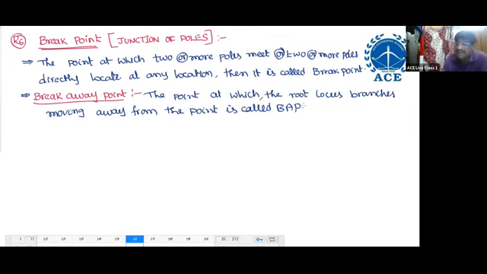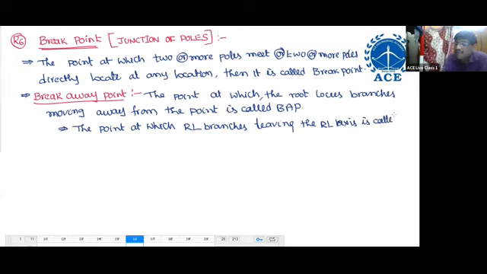The point at which root locus branches, which means poles only, leave the real axis is called the breakaway point.